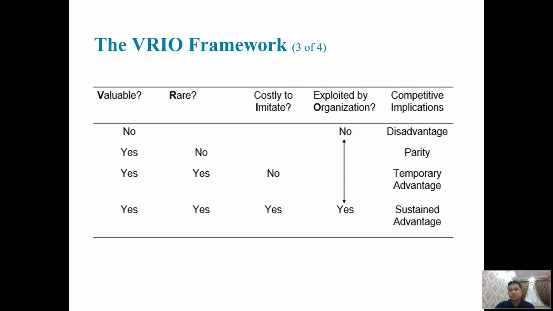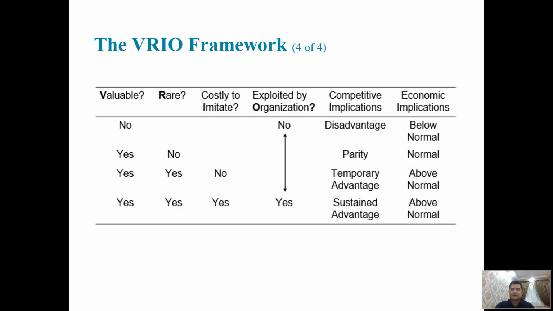So in here, you guys can see valuable, rare, costly to imitate, exploited by organization, competitive implications. Valuable: no, disadvantage. Yes, no, parity. Yes, yes, no, temporary advantage. Yes, yes, yes, it's a sustained advantage.